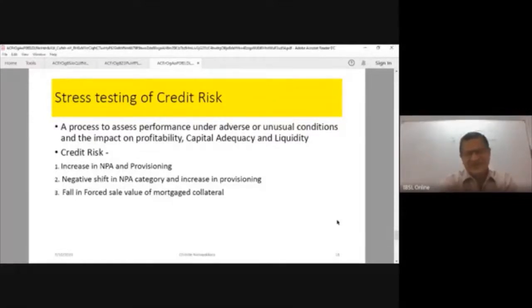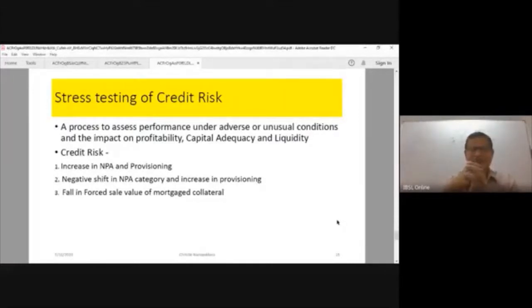However, now since we have experienced COVID-19, it's an opportune time to see the consequence of this particular epidemic and how it would have affected credit risk in banks. So in definition, it's a process. So you need to follow a set of rules in doing a stress testing.